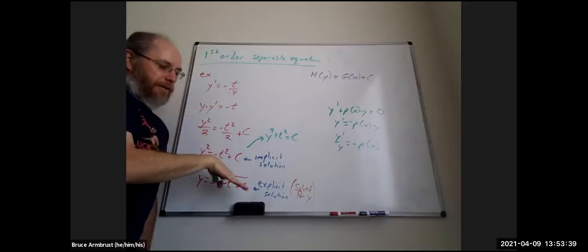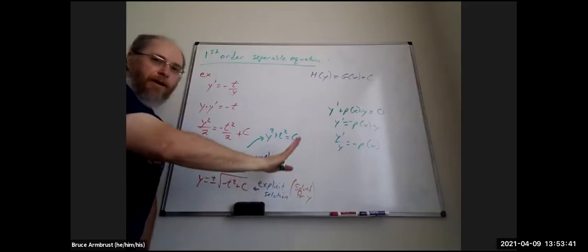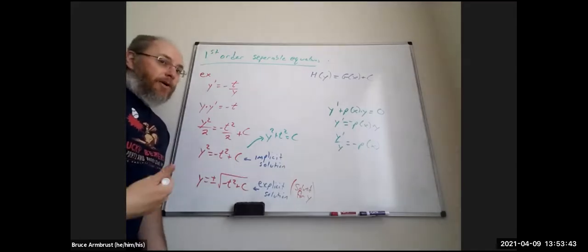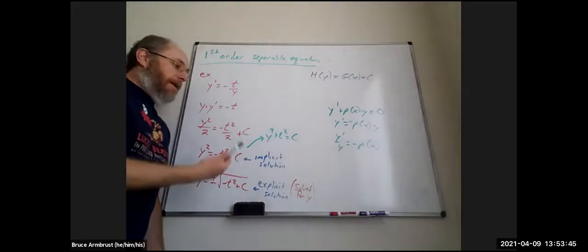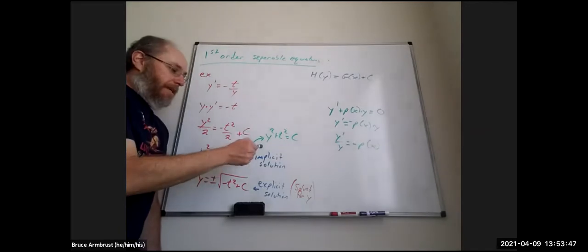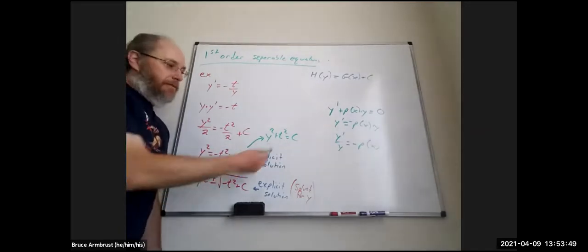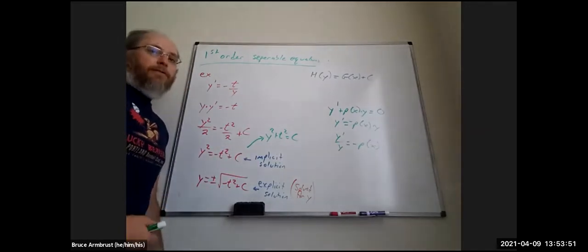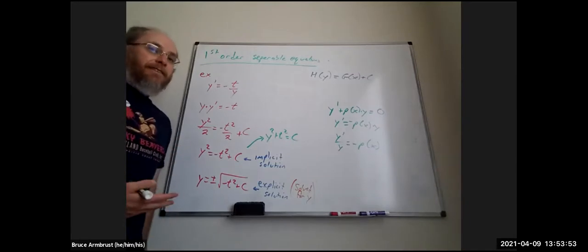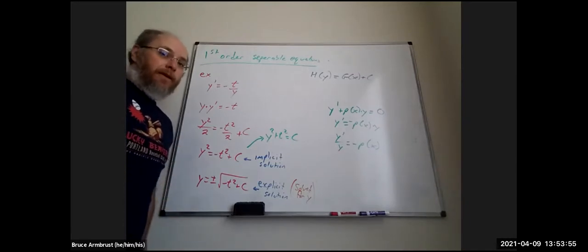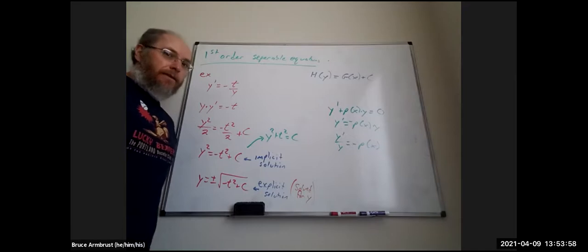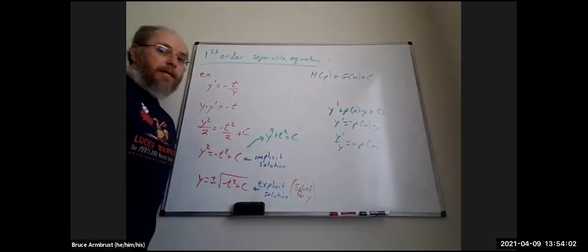Third quadrant, they're going to be negative slope. Fourth quadrant, they're going to be positive. And so I actually know a lot about this just from the implicit form. All right, so just watch out for that. You don't necessarily have to go to y equals because sometimes you can't. And sometimes it's better not to because you can see what's going on.